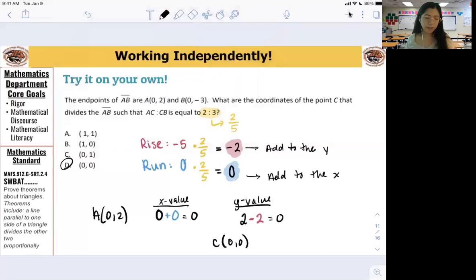Why did we choose that answer? What went wrong if you chose 0, 1? Anyone? If you chose C, it means you made a mistake somewhere down the line. So let's talk about those mistakes because we got to learn from them.